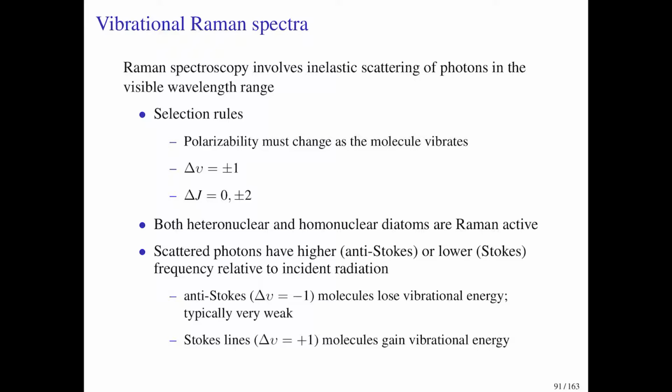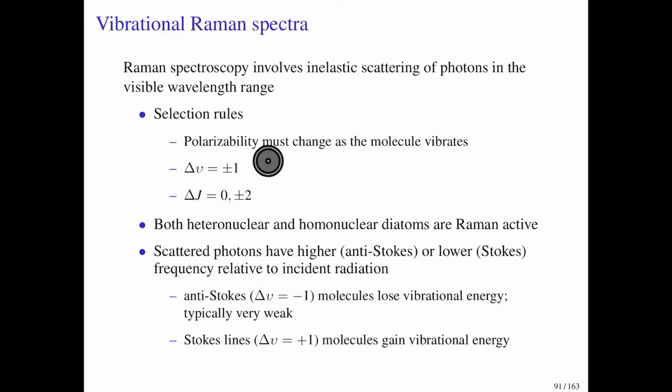The selection rules are totally different. As we discussed in the context of microwave spectroscopy, Raman spectroscopy involves the polarizability of the molecule, not the dipole moment. And so the rule here is that the polarizability of the molecule must change as the molecule vibrates.